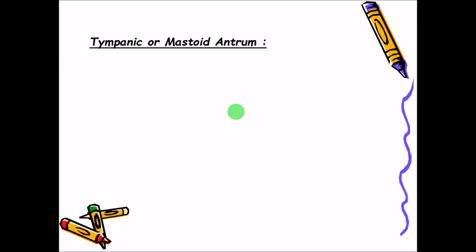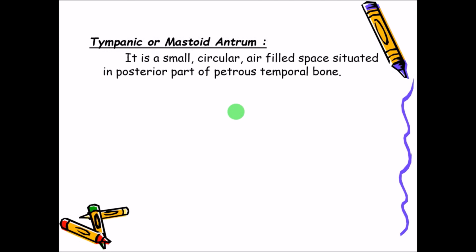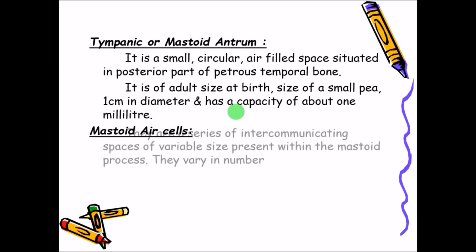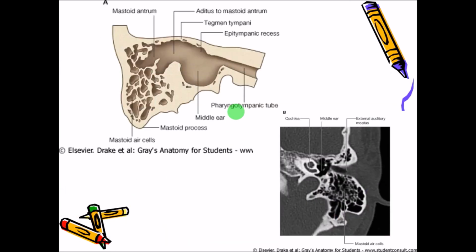Coming to the mastoid antrum, it is a small circular air-filled space situated in the posterior part of the petrous temporal bone. I'll show you this picture. This is the mastoid process. Within the mastoid process, you can see that this is the middle ear.